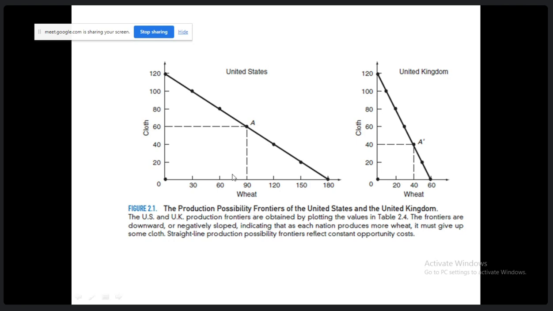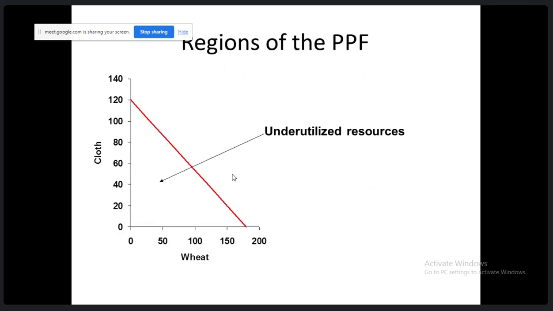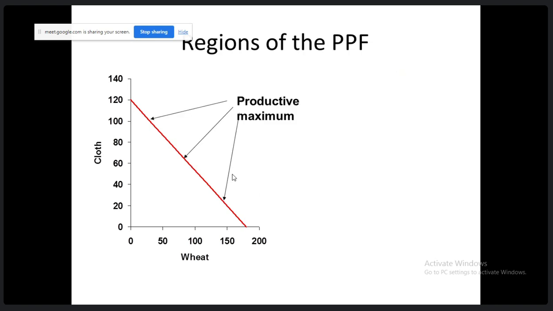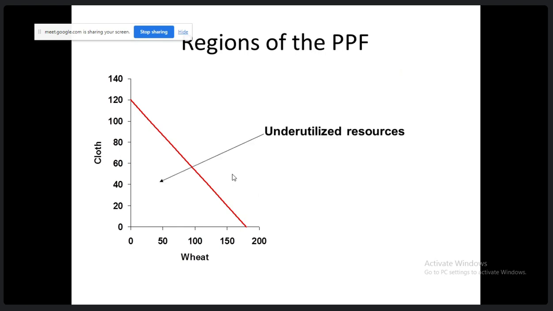One more aspect about the production possibility frontier which we need to understand here is that productive efficiency is on the line. Just repeating it once again for brushing up, all points on the production possibility frontier give us the productive maximum. That is, the most efficient utilization of the resources takes place on the points of the production possibility frontier.